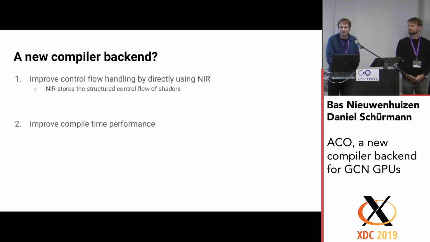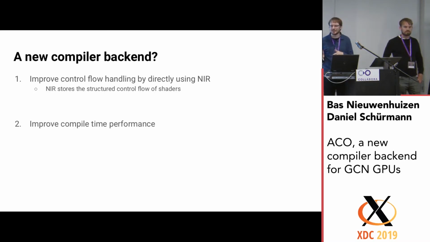What triggered this is that in LLVM, we've had a lot of trouble dealing with control flow. In GPUs, control flow doesn't work exactly the same as in CPU programs, because on a GPU we're typically executing multiple invocations of the program at the same time using SIMD, which means we have to do all kinds of mangling in the control flow, like going from control flow to predication and other steps.